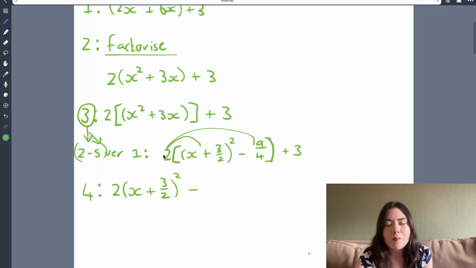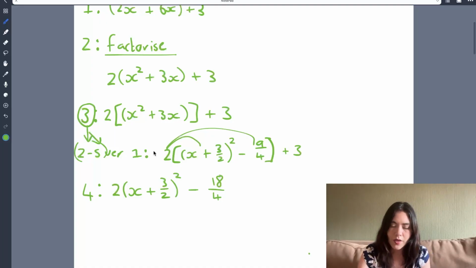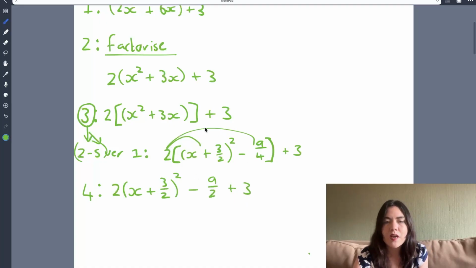But what a lot of people forget to do is to multiply this number to the minus number. That's the second most common mistake I see. So we're going to end up with 18 over 4, which can actually simplify to 9 over 2. I'm just going to write it as 9 over 2 instead, because I like to have things in its simplest form, plus 3. So don't forget to times out your brackets. That's basically step 4.